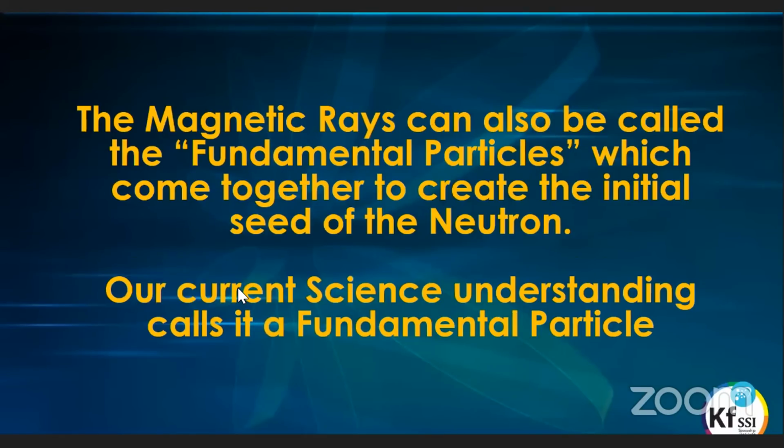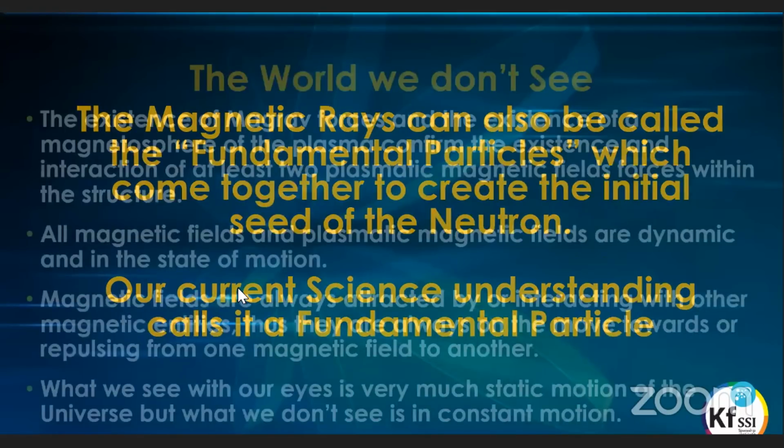It's this interaction, forming a dynamic interaction between all these fields, that under certain conditions will manifest what is needed in that condition. So it's essentially the world that we don't see.